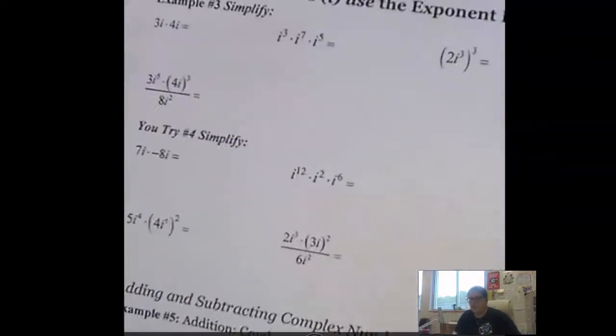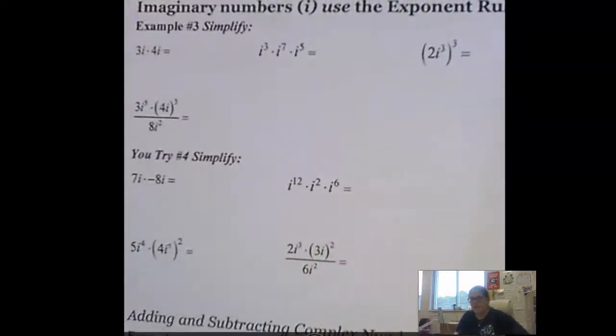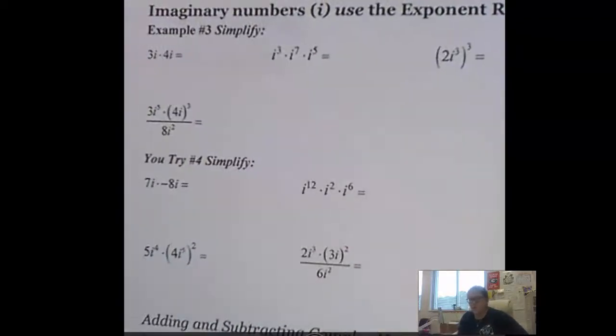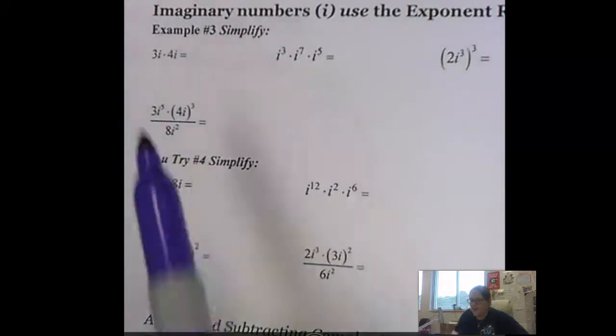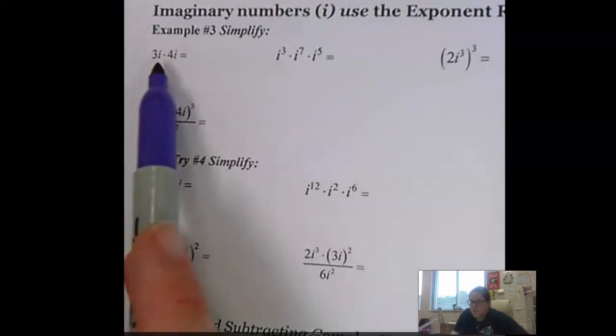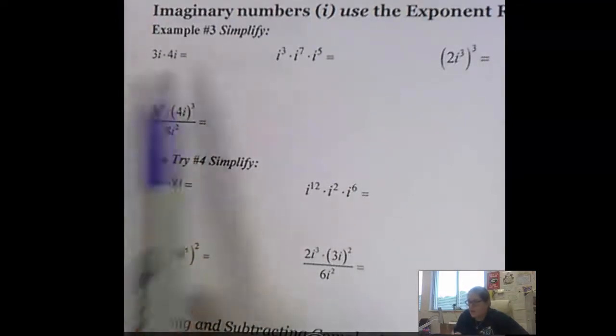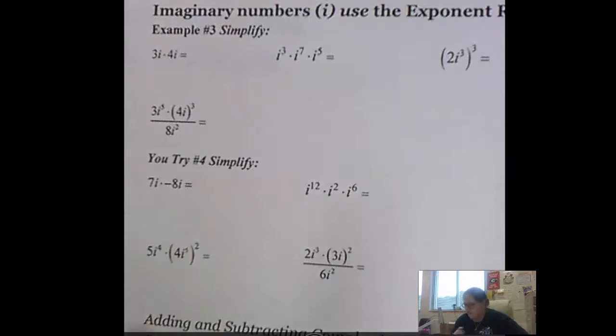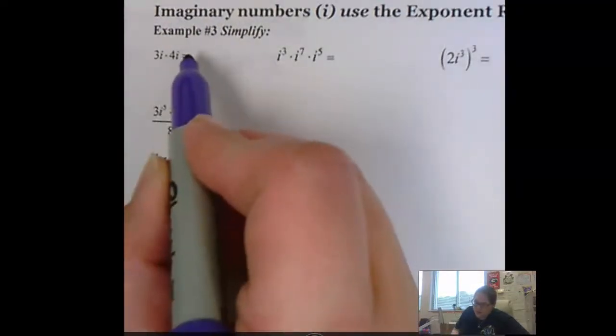Okay, so let's look back at some of our examples. We're using the exponent rules to simplify. Now numbers behave the way numbers always do. If this dot means multiply, and I said, what's 3 times 4? You would say 12. Every time. These numbers are not going to do anything different than what they normally do.